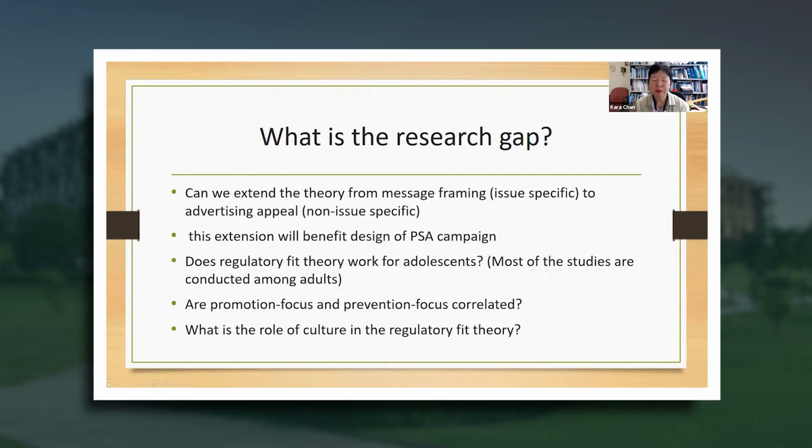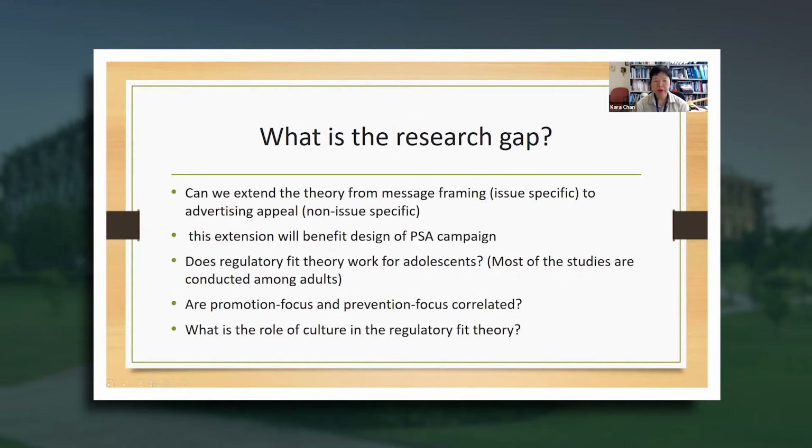So what kind of appeal should I use? Should I use a more positive appeal, a gain appeal, or a negative appeal, an avoid-loss appeal? Appeal is more general than message framing. So we want to see whether the regulatory fit model applies at the higher level, which is the appeal level.